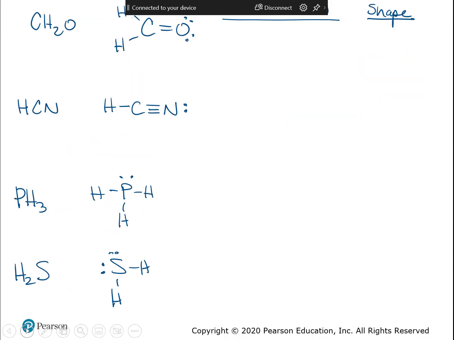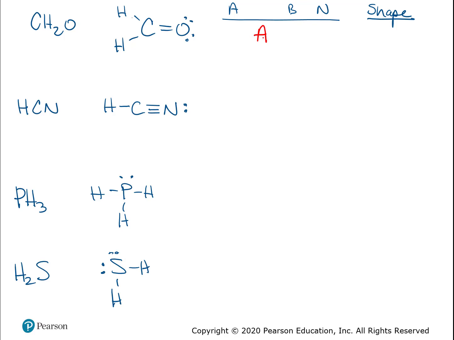Okay, so in this one, just a couple of them, you tell me. So what's the ABN for this one? A, B, 3. Remember, that would be trigonal planar.